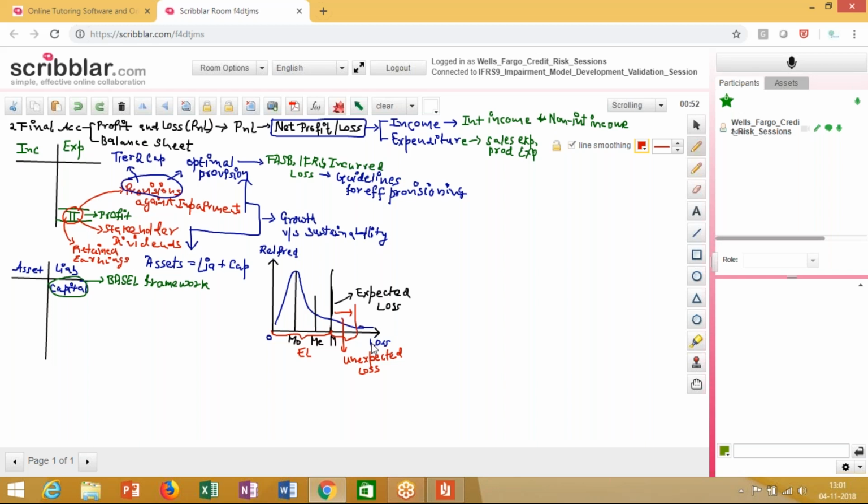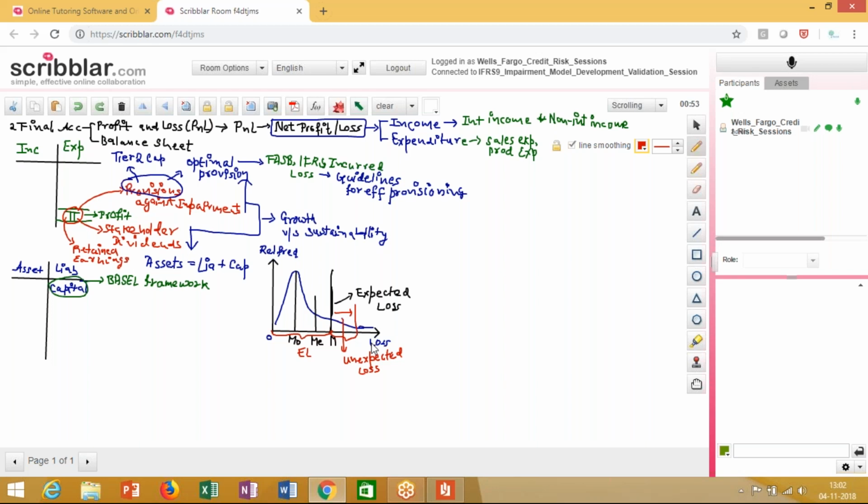So unexpected losses have very huge exposures but very low probability of occurrence. On the other hand, expected losses, I repeat, have very high frequency of occurrence but very low exposures. Therefore, both of them cannot be captured by one single source of fund, and hence we need to distinguish between the sources of fund.